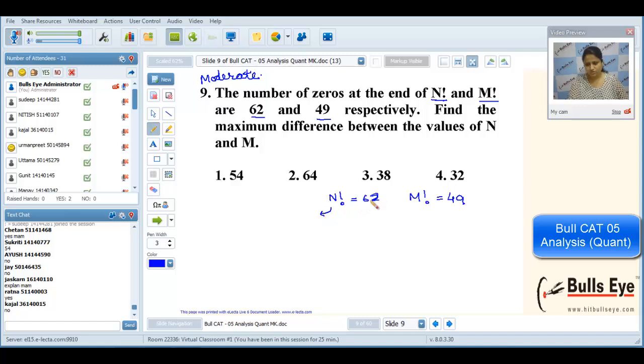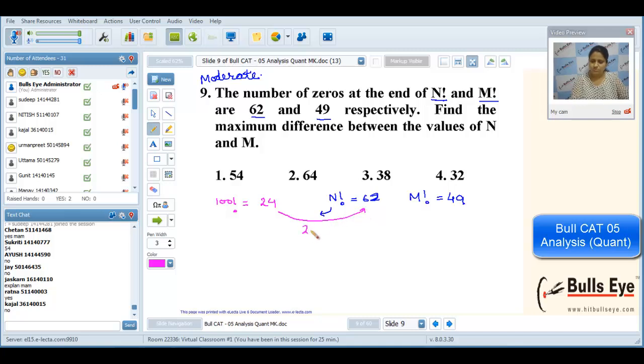See, either we will go by hit and trial. The best thing is if you learn everything about 100 factorial. See, in 100 factorial, we know how many zeros are there? 24. We know that. In 100 factorial, the highest power of 5 is 24, so it will end in 24 zeros. Now, in this case, 24 is becoming 62.